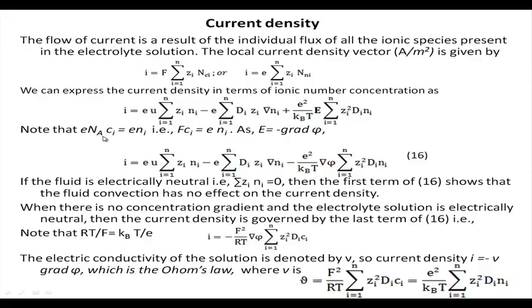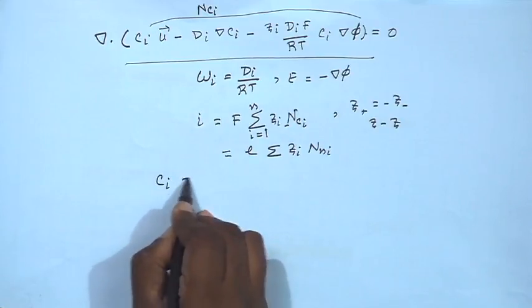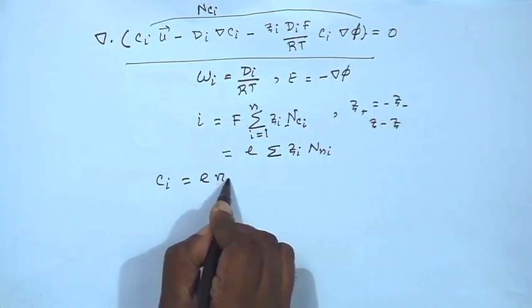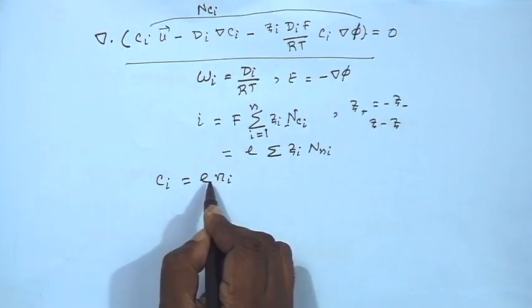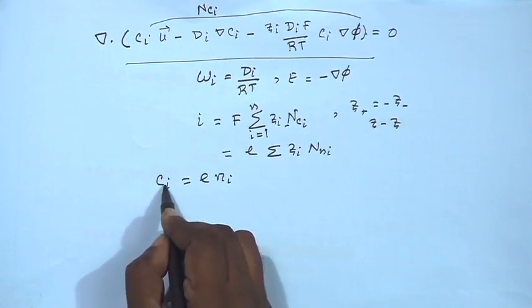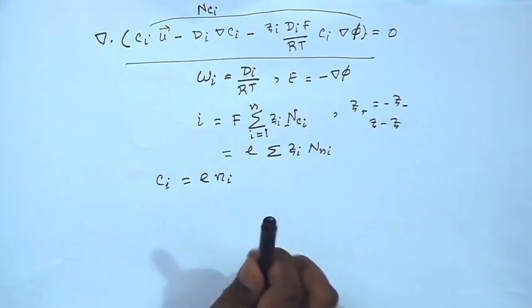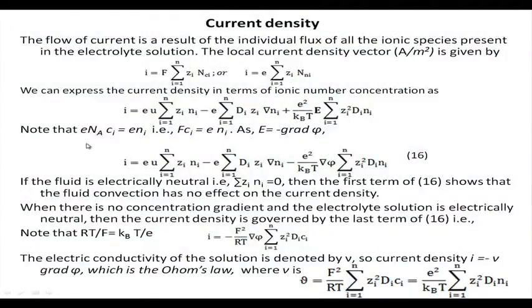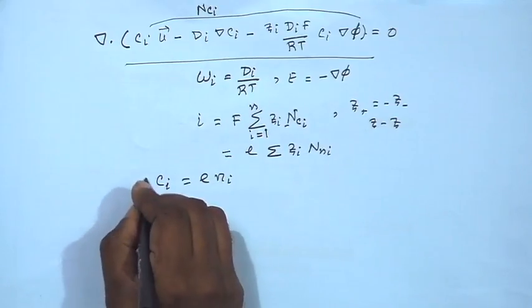C_i can be written as E N_i. This is the number density times E, the elementary charge. That gives you the molar concentration, F C_i.